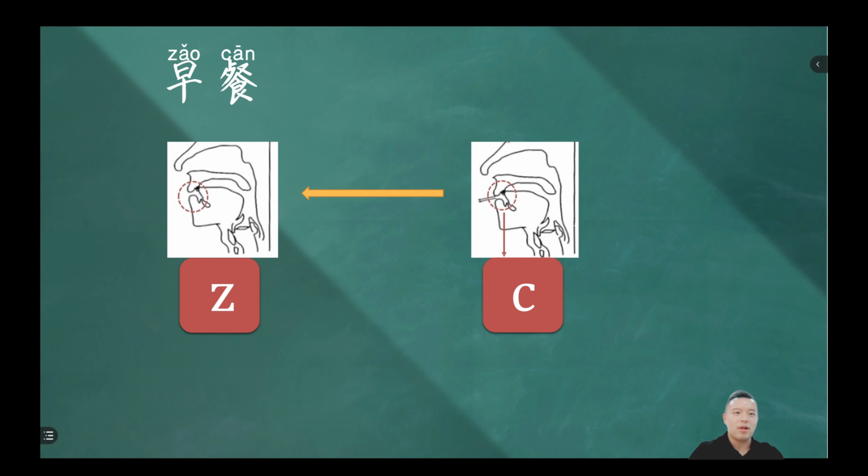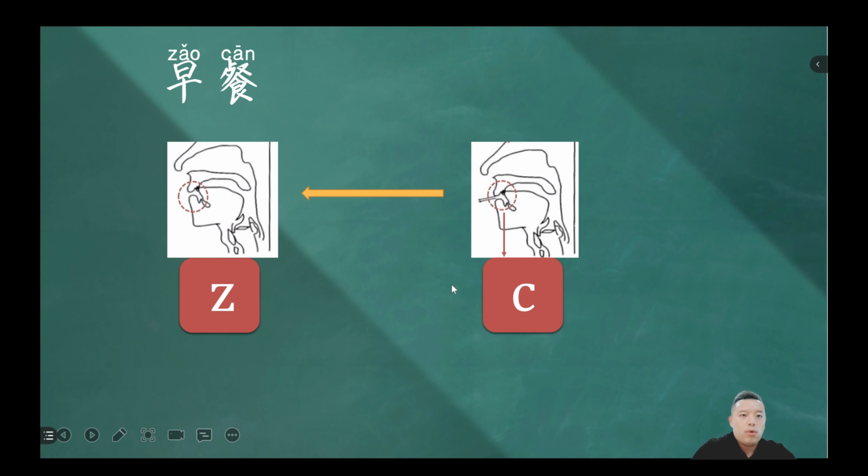Okay, so you will have to close your teeth, align them together, and use the tip of your tongue to touch the back of the upper teeth. Z, z, z. However, c here is literally doing the same thing, however, with stronger airflow.